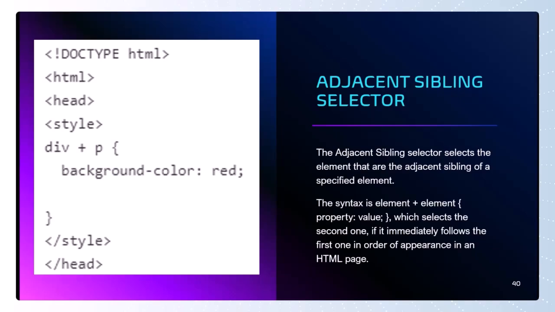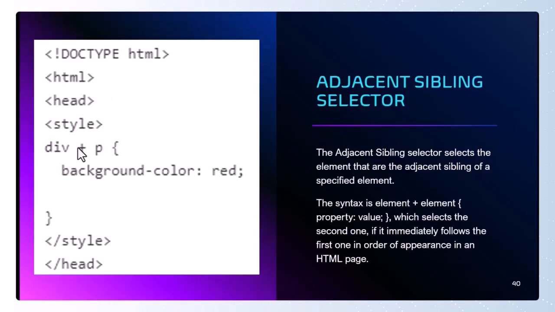Adjacent sibling selector. The adjacent sibling selector selects the elements that are the adjacent sibling of a specified element. The syntax is element plus element with then the property value, which selects the second one if it immediately follows the first one in order of appearance in an HTML page.